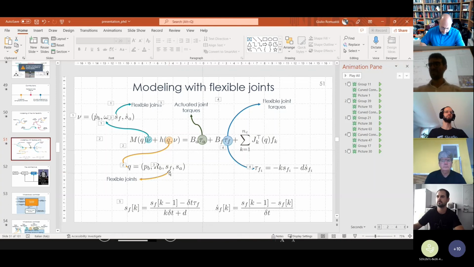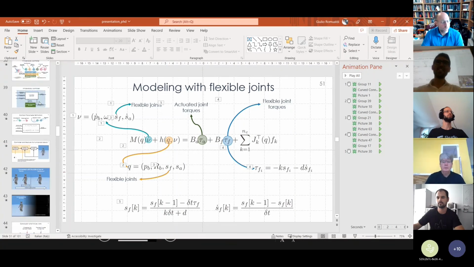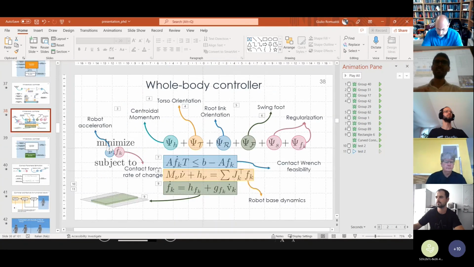So let me see. Now, I have more of a conceptual question. Oh, actually, before I ask my conceptual question, I have another more specific one. On slide 38, you talk about how you use the rate of change of the contact forces for your modeling purposes, subject to contact forces rate of change.